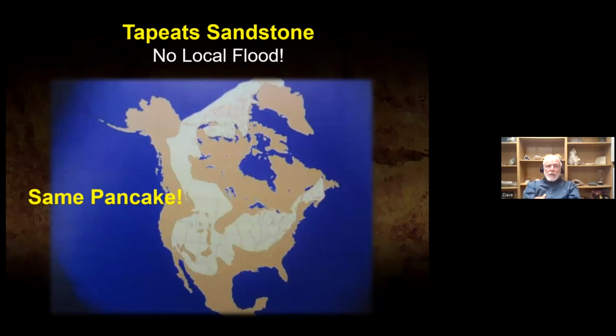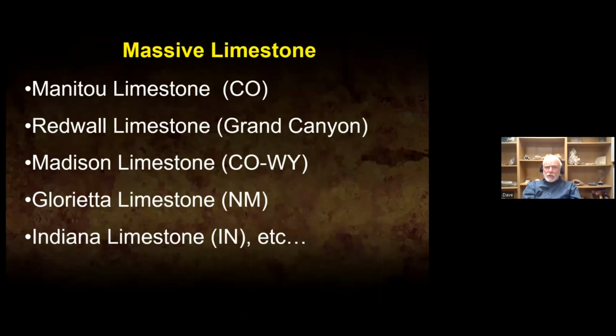But you also find the same pancake layer going north of Greenland. Wow. That's some kind of a large pancake, isn't it? You find massive limestones the same way, but it's the same limestone, just different names in different parts of the country. Same pancake.